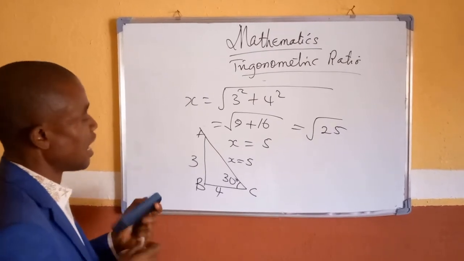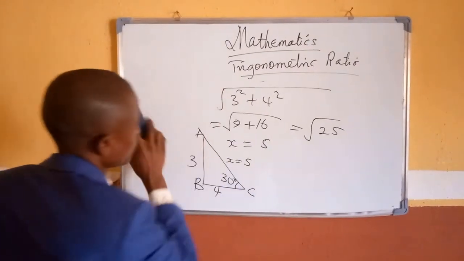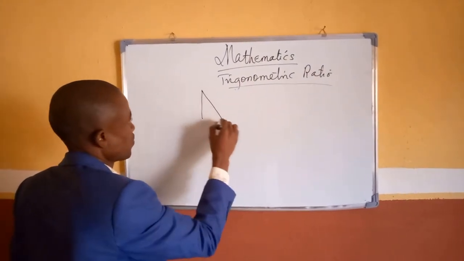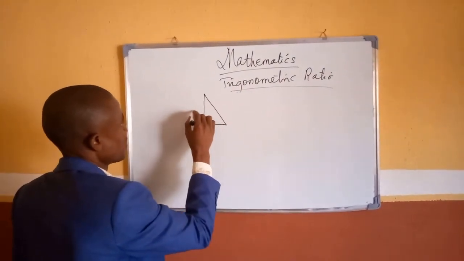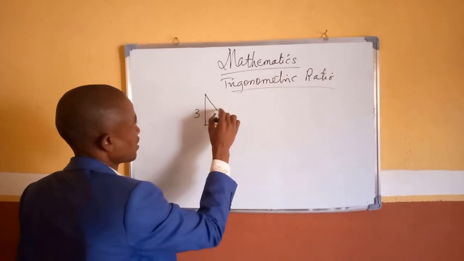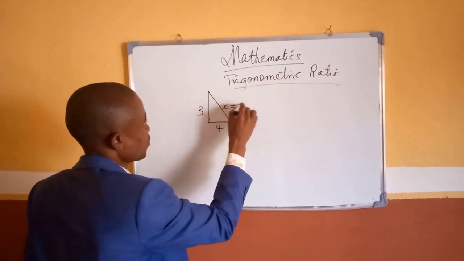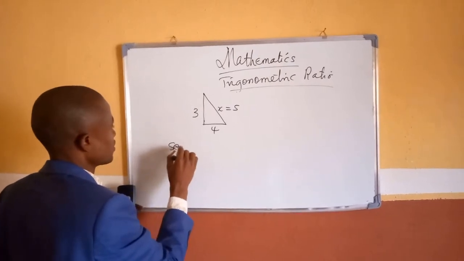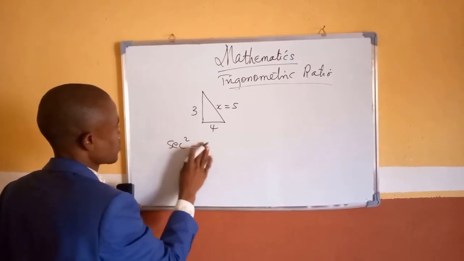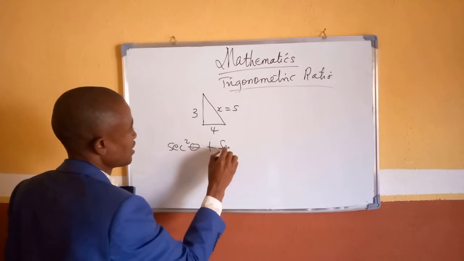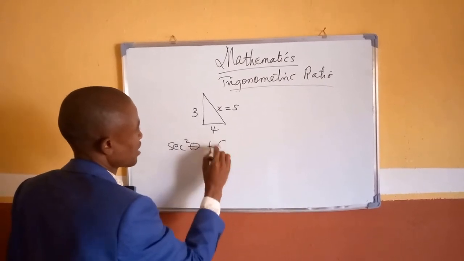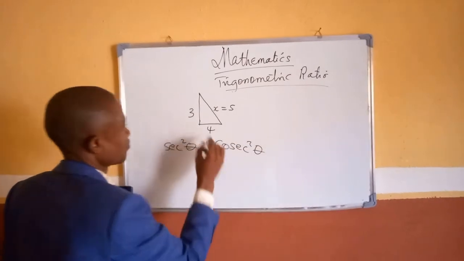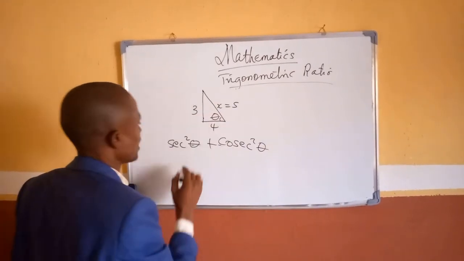If further we are asked to find, let's take this example, from where we stopped we have 3, 4, and x equals 5. If we are asked to find sec squared theta plus cosec squared theta, let's take this as our theta.